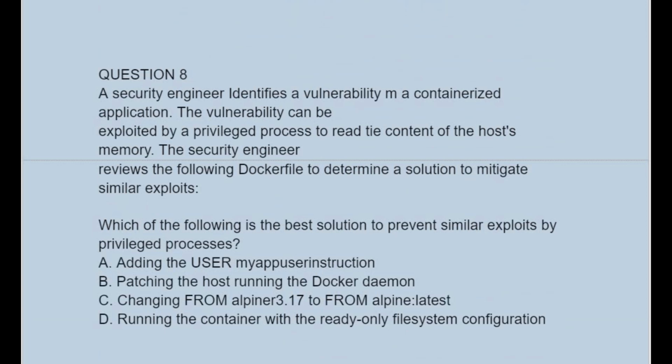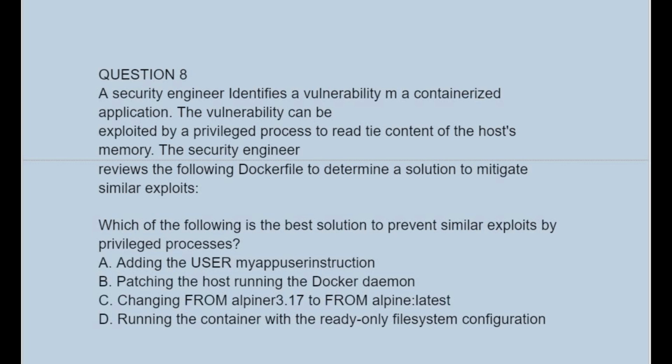Question is, a security engineer identifies a vulnerability in a containerized application. The vulnerability can be exploited by a privileged process to read the content of the host memory. The security engineer reviews the following Dockerfile to determine a solution to mitigate similar exploits. Which of the following is the best solution to prevent similar exploits by privileged processes?